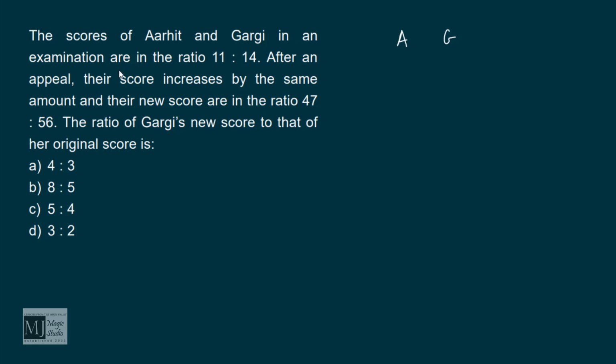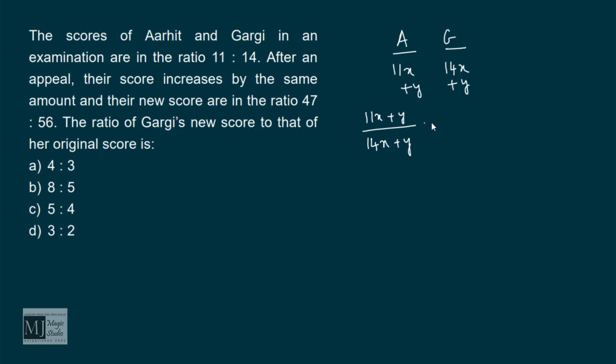The scores of Arhit and Gargi in an examination are in the ratio 11:14. Scores are 11x and 14x. After an appeal, their scores increase by the same amount. Suppose it increases by y. And the new scores are in the ratio 47:56.